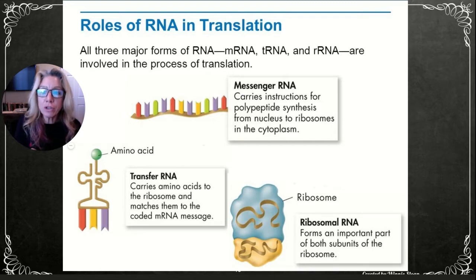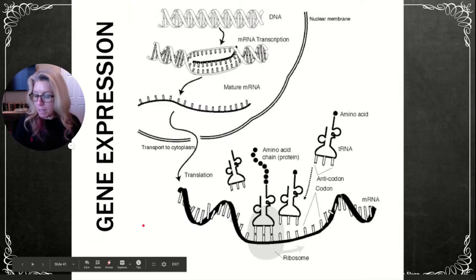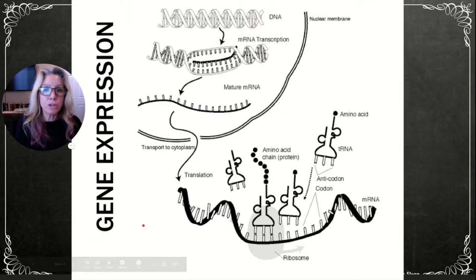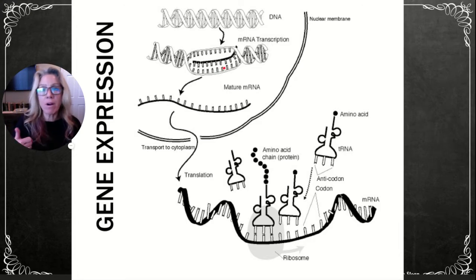I want to remind you, rRNAs and proteins together make up the ribosome. So the big ticket items are transcription and translation. Transcription is whenever you use DNA to make any kind of RNA, whether it's mRNA, rRNA, or tRNA. In this case, we're making mRNA, using the DNA to make mRNA.